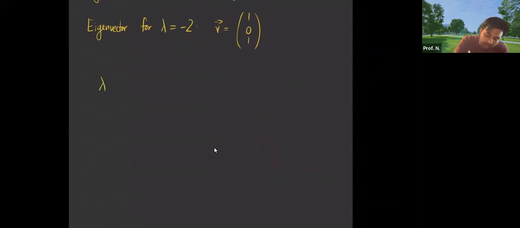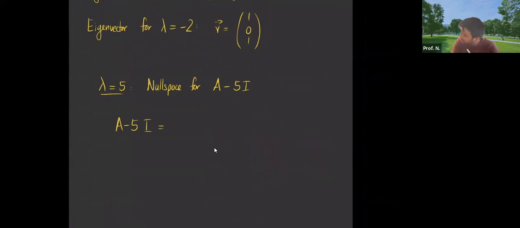Lambda equaling 5. So when lambda equals 5, I want to find the null space for A minus 5I. So then A minus 5I, what does that equal? Again, I get 6, 3, negative 8, 0, negative 2, 0, and 1, 0, negative 3.